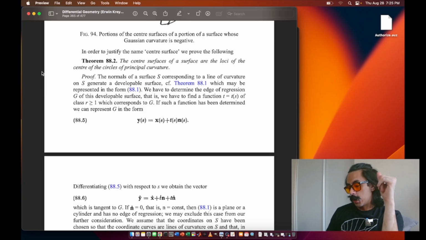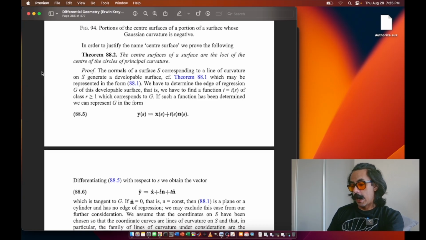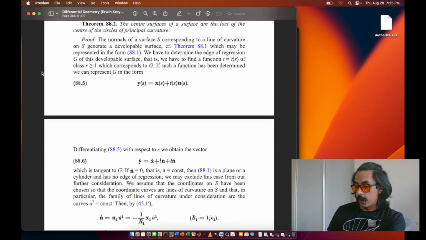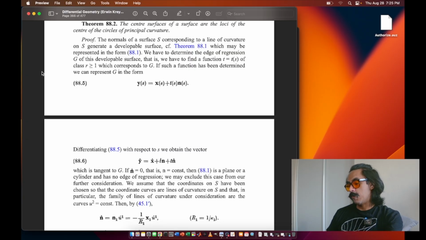If such a function has been determined, we can represent the edge of regression, capital G, in the form a vector y in terms of arc length, lowercase s, which is equal to vector x in terms of lowercase s, plus the function t in terms of s, times the vector n in terms of lowercase s.